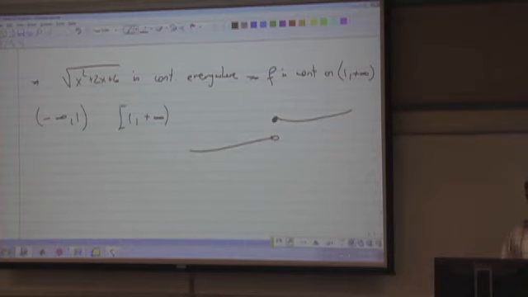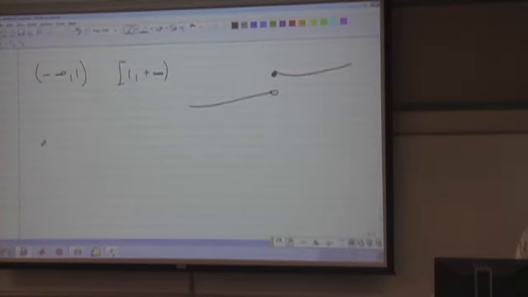So what are we left to do? We need to look at x equal to 1, right? So we need to look at the limit as x goes to 1 minus of f of x, which is the limit as x goes to 1 minus of x to the 4th minus 5x squared plus 7, which ends up being 1 minus 5 plus 7, so it is equal to 3.